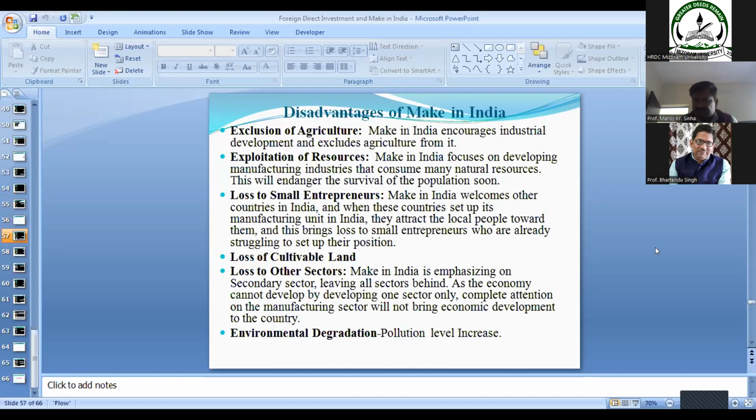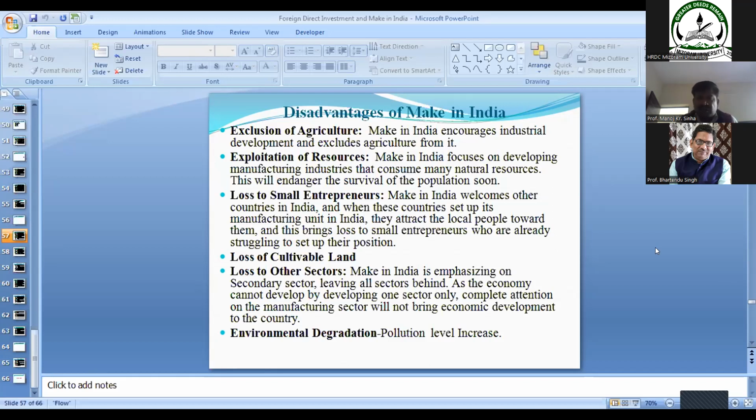Exploitation of resources: we have limited resources, natural and other resources. If we use more and more resources, particularly natural resources, they will be exploited more than our use, because we will use these resources not only for the consumers and people of India, but for the world.